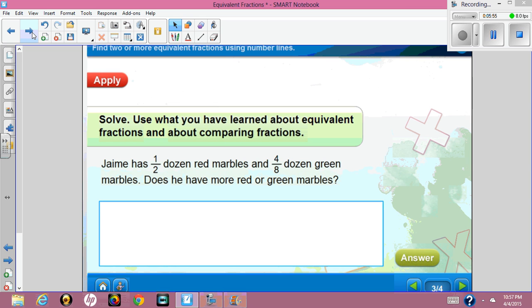Now, I want you to move with me to solve this question. It says, use what you have learned about equivalent fractions and about comparing fractions. Jaime has half a dozen red marbles and 4/8 dozen green marbles. Does he have more red or green marbles?